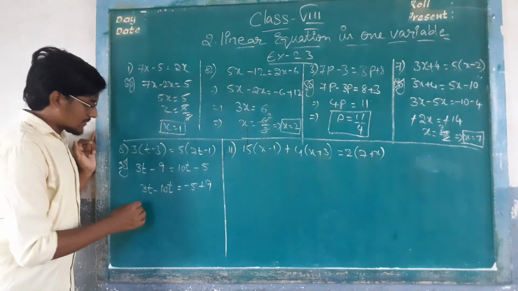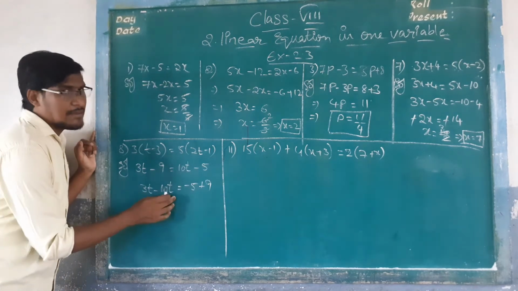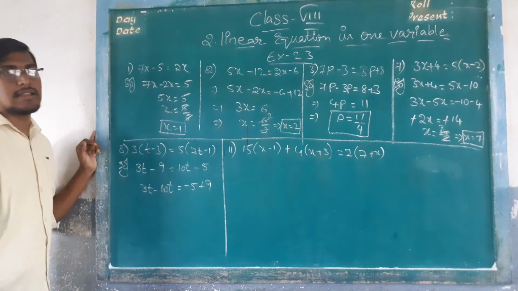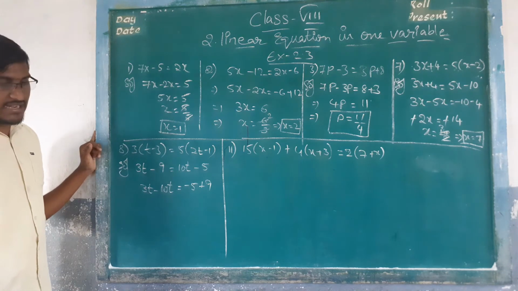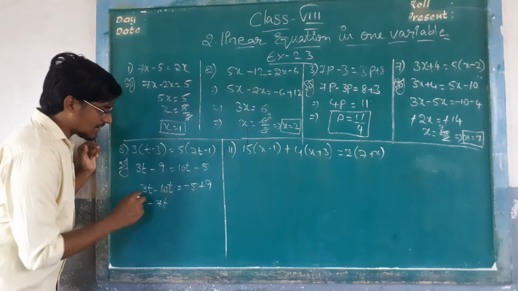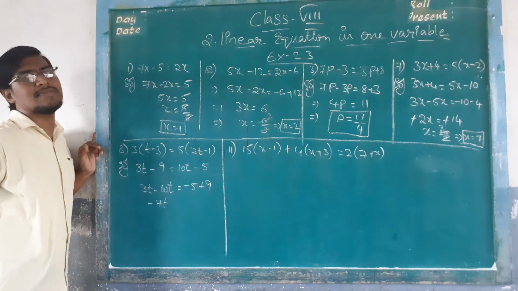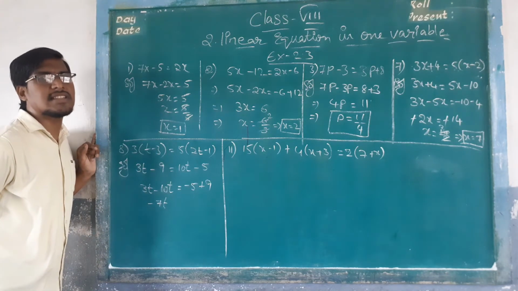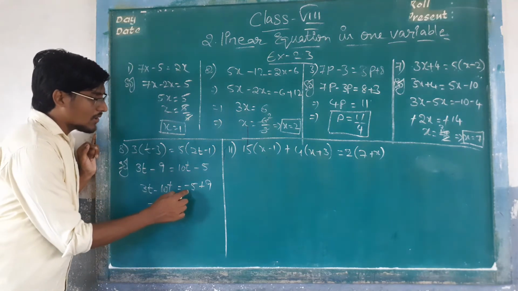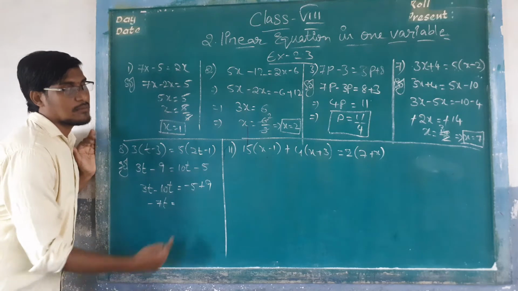Okay, so 3t minus 10t. What is the value of 3t minus 10t? That is minus 7t. Why? Because here one plus and one minus means we have to do the subtraction. 10 minus 3 is 7, so the highest value is minus. So minus 7t equals minus 5 plus 9.